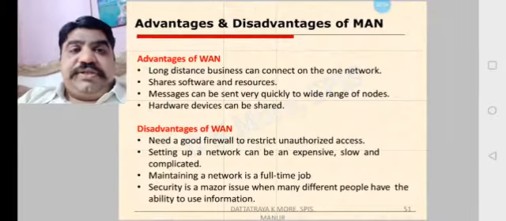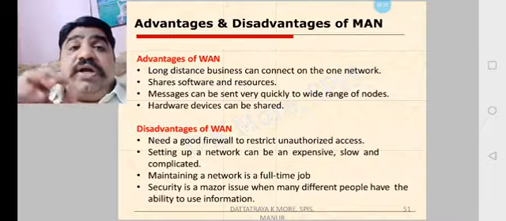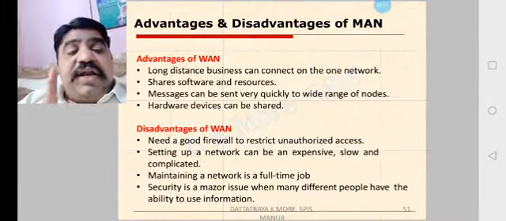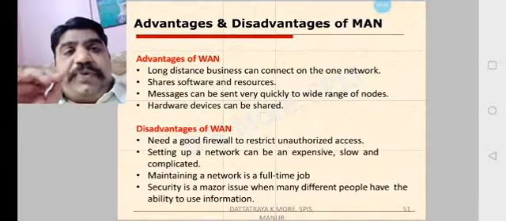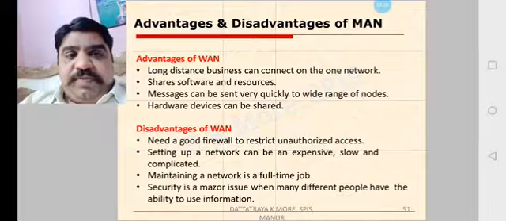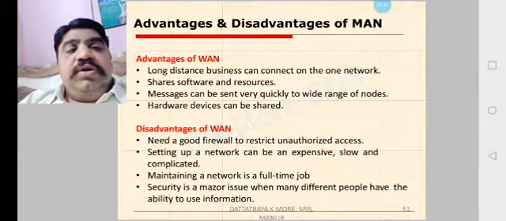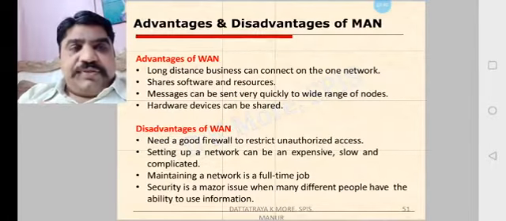Let's see some disadvantages. It needs a good firewall to restrict unauthorized access. When the connection is worldwide, there are chances to get hacked or interrupted by unauthorized people. So we need a device like a firewall, so we can restrict access by unauthorized users.